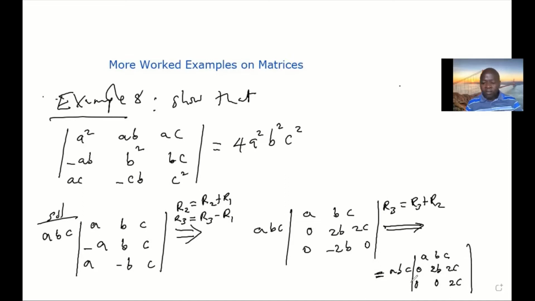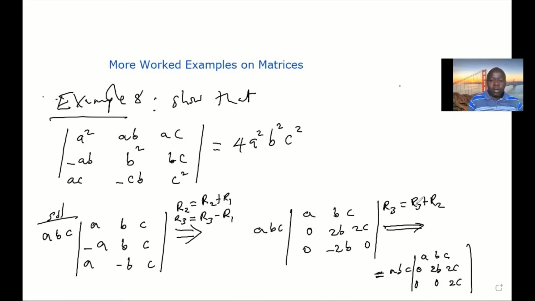We now have a triangular matrix, and whenever we have a matrix like this, the determinant is given by multiplying what is on the main diagonal.